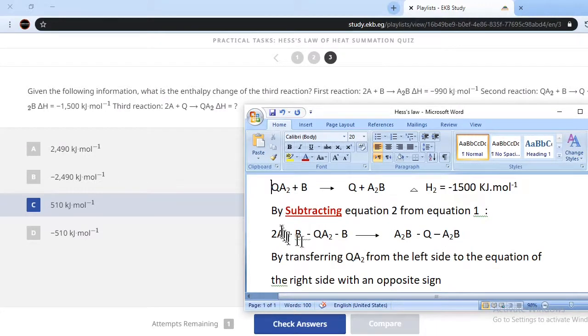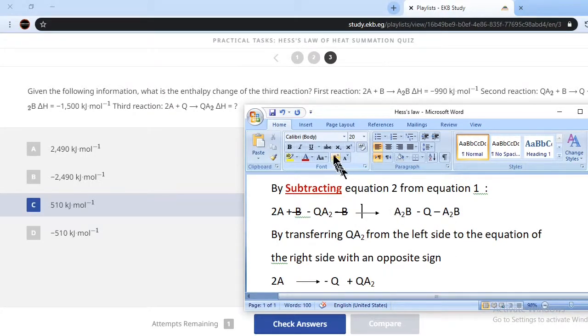I will cancel the B with the minus B. I will transfer this QA2 from the left hand side to the right hand side with the opposite sign. And I will cancel A2B with minus A2B.